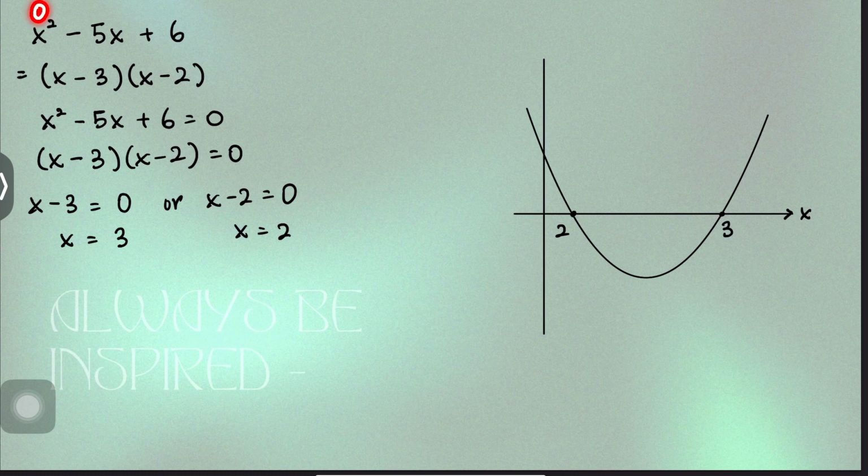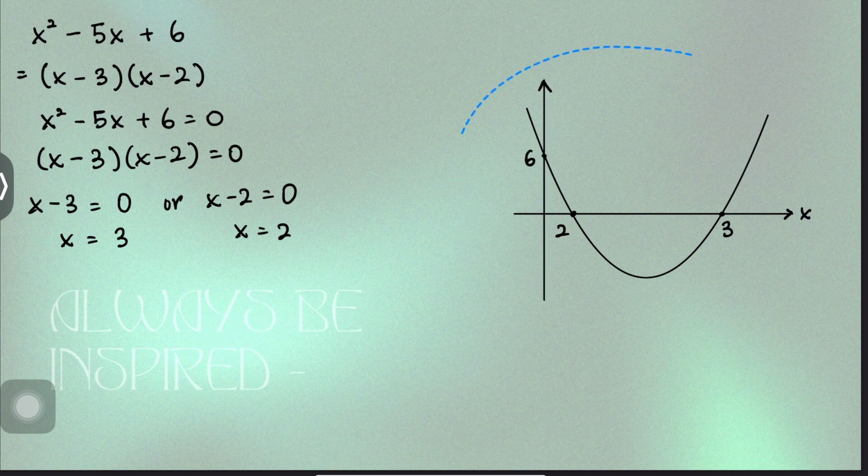If x is 0, anything on the y-axis is always going to have an x-coordinate of 0. So to find the y-intercept, this is just 0 squared minus 5 times 0 plus 6, which is equal to positive 6. So I know that this is going to be 6.